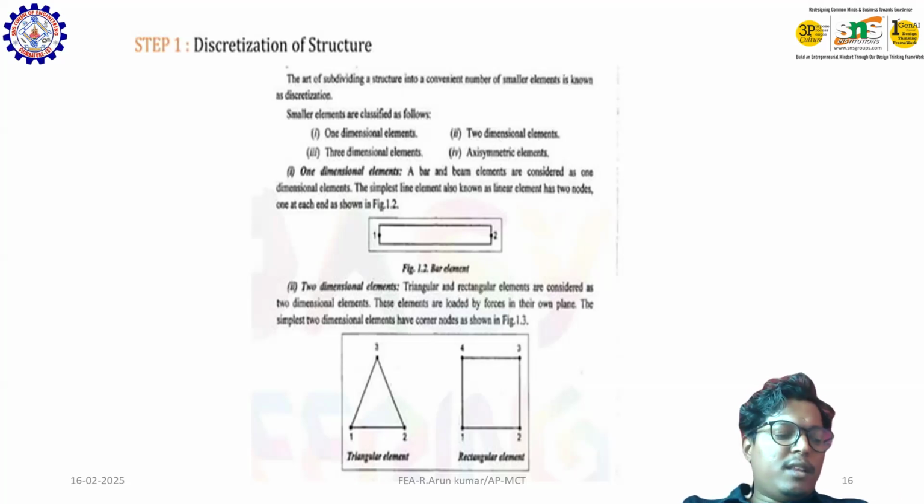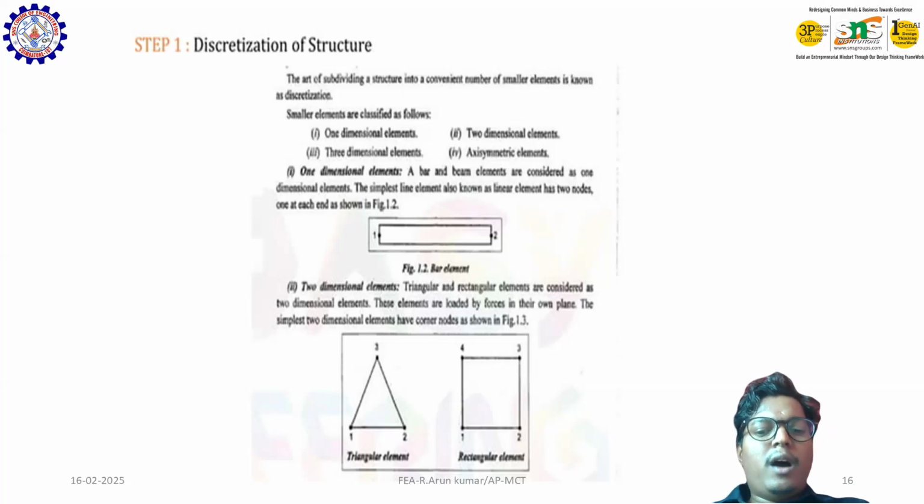If I consider the triangle element 1, 2, 3, each node has two displacement components. Since this is a two-dimensional problem, you have to consider two displacements and two forces for each node. For node 1 you define them based on the x-axis and the y-axis, and similarly for node 2.